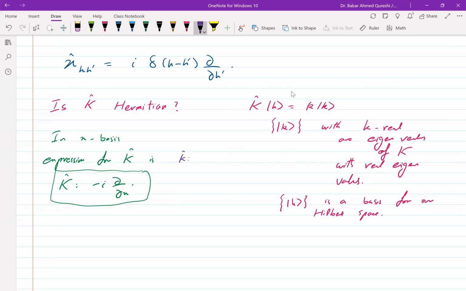K hat is the operator which, almost by definition, changes these f's to these f tilde's such that if f(x) is equal to this, then this guy is equal to minus iota d by dx of f(x).